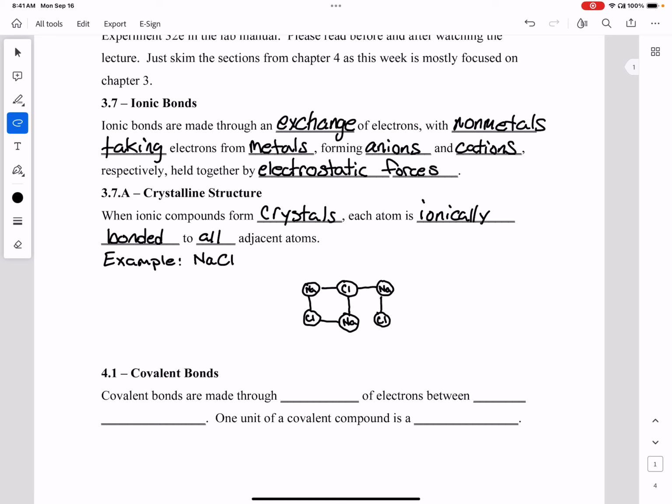Now I've got the trick. Write the letters before. You want to try and make this a 3D picture? Okay.